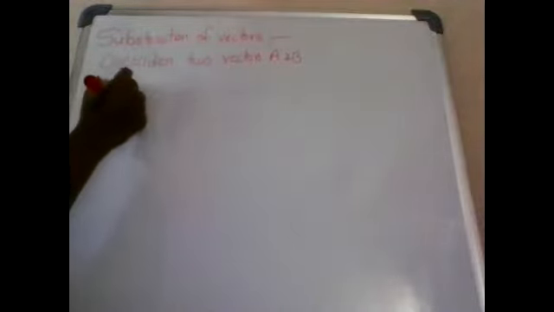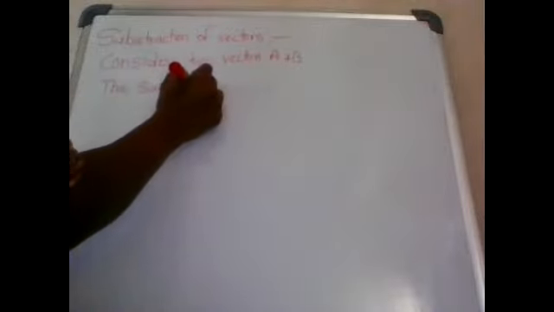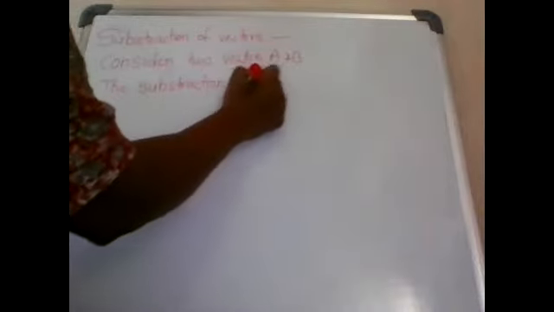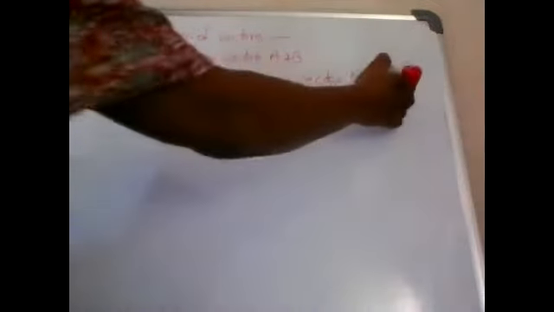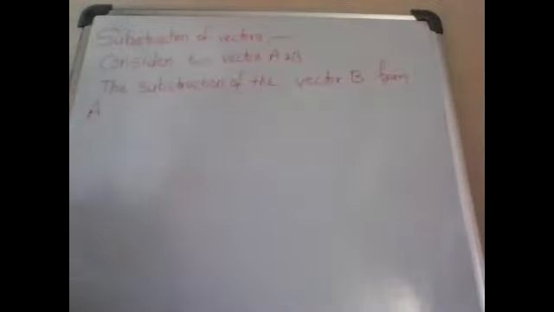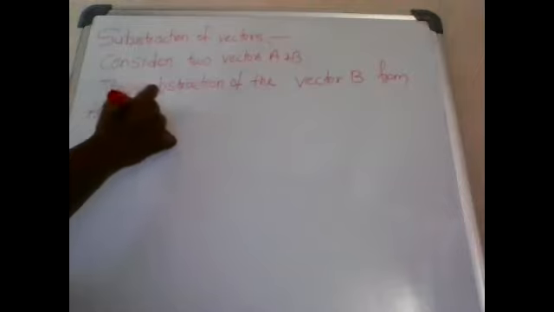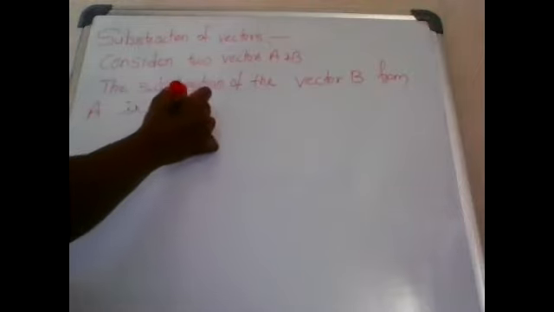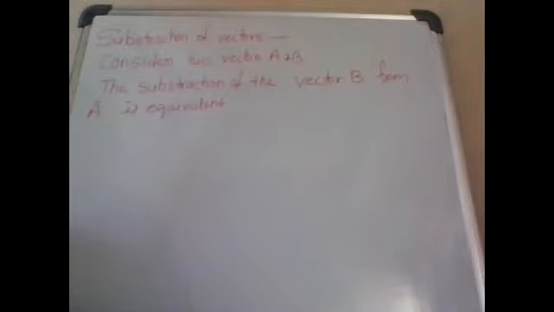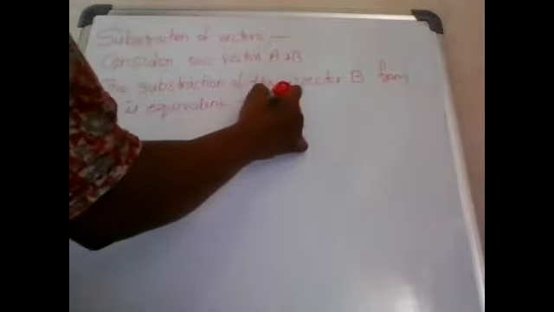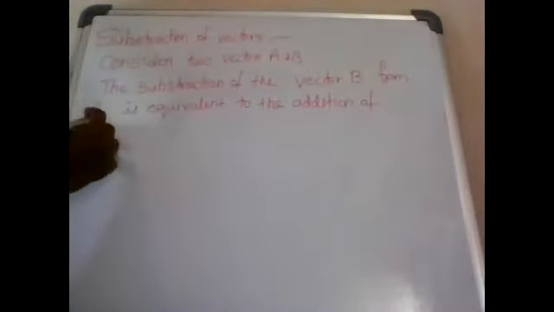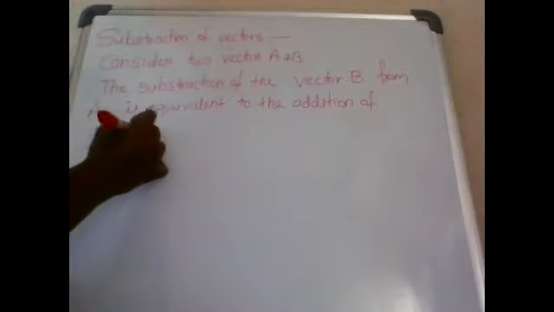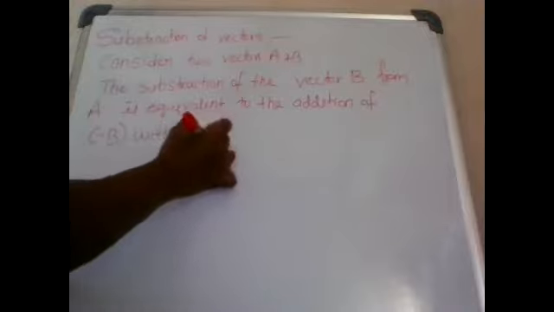The subtraction of the vector b from a is equivalent to the addition of minus b with vector a.